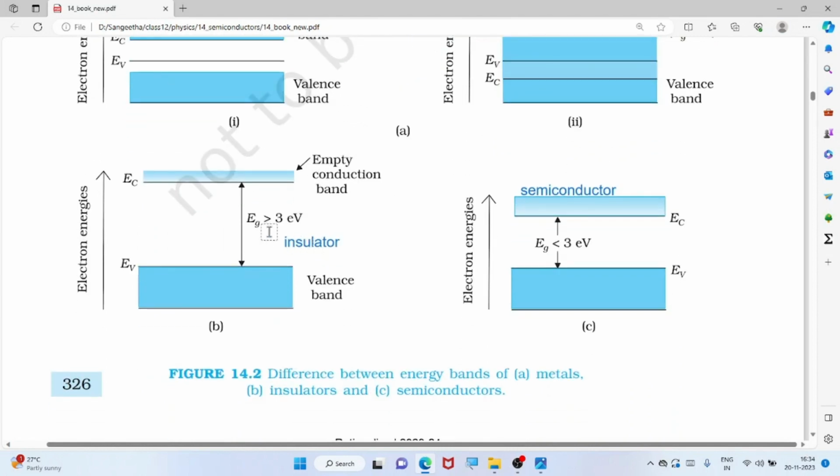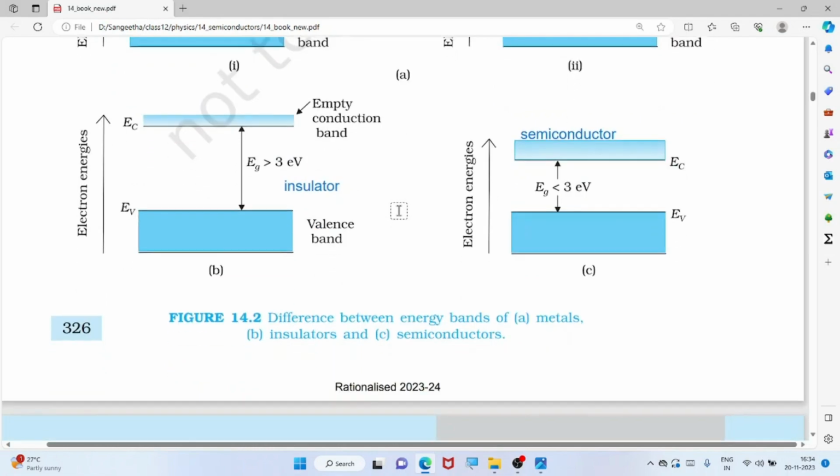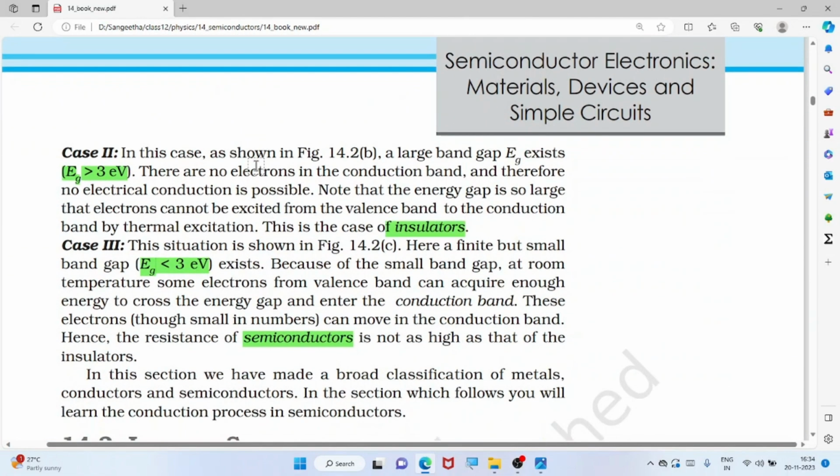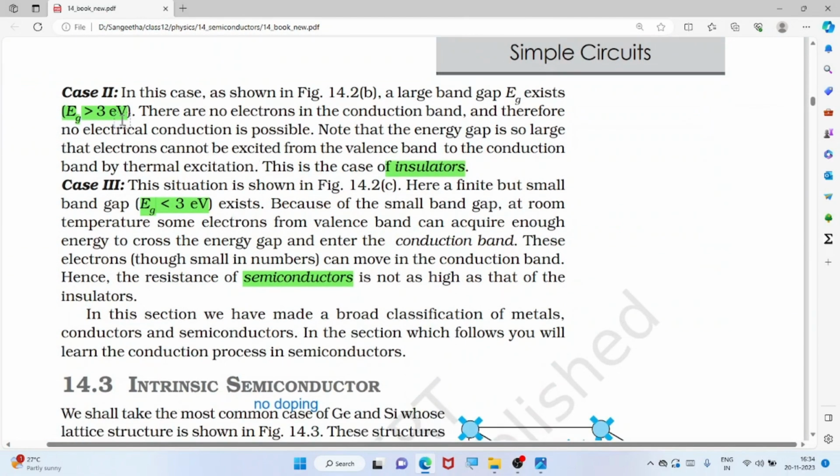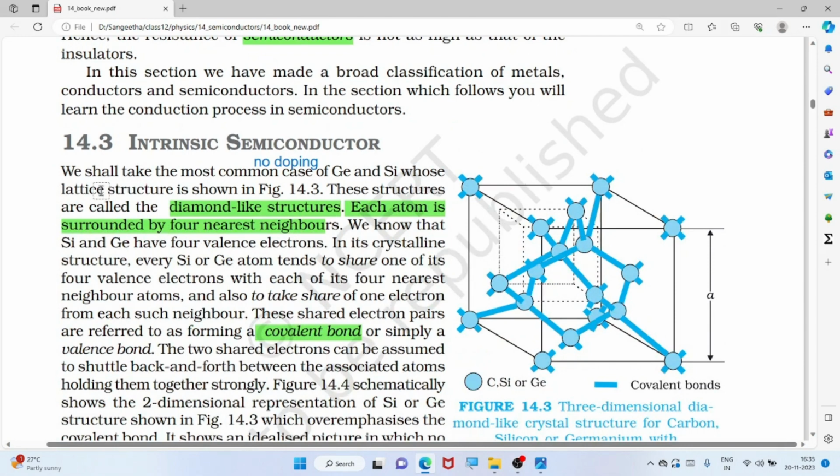For the insulator, this energy gap is more than 3 electron volts. For the semiconductor it is less than 3 electron volts. So greater than 3 electron volts is insulator, less than 3 electron volts is semiconductor.